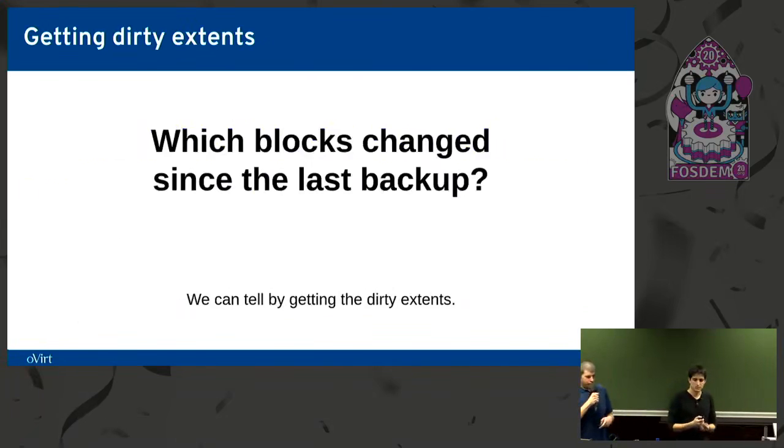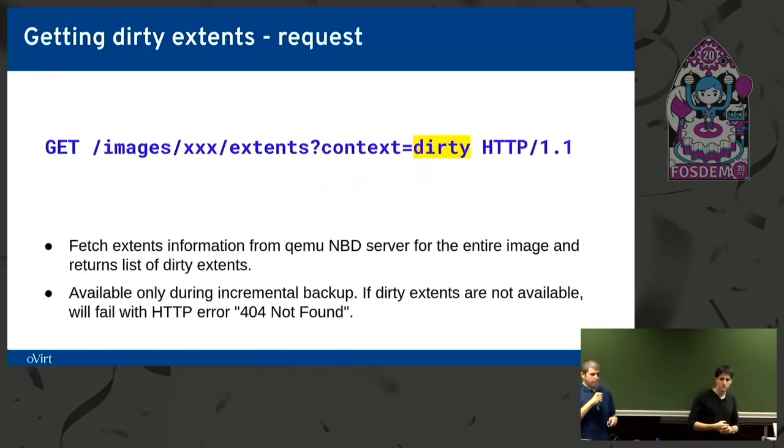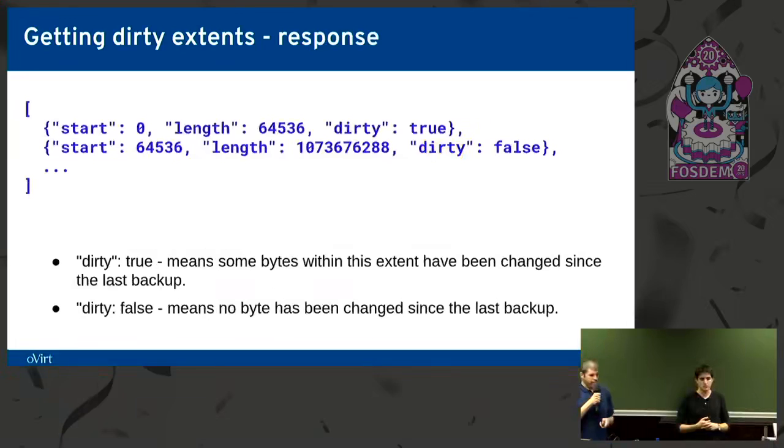Now, which blocks changed since the last backup for incremental backup? We can tell by getting the dirty extents. So, for getting the dirty extents, we send a GET request to the resource, again extents, just now with context dirty. This is for incremental.